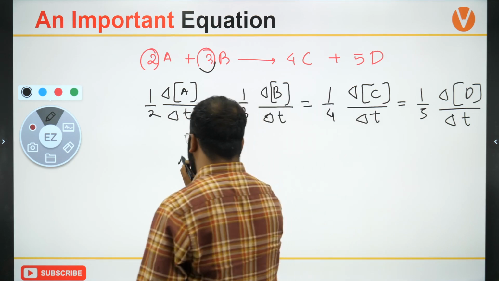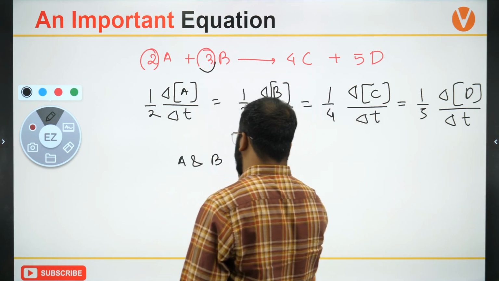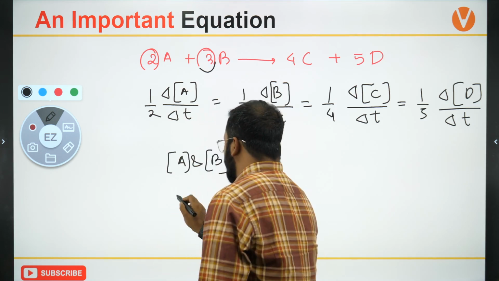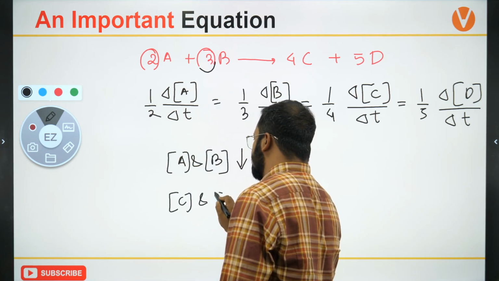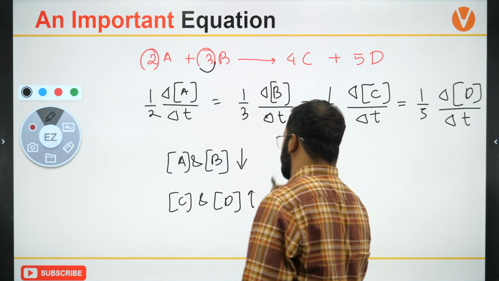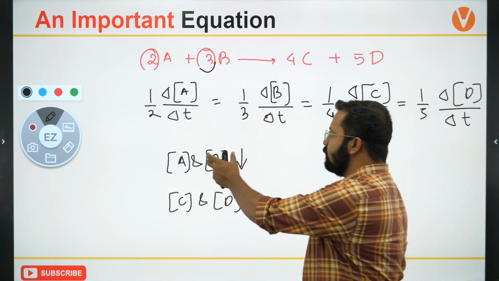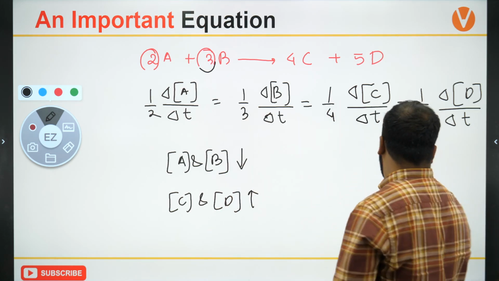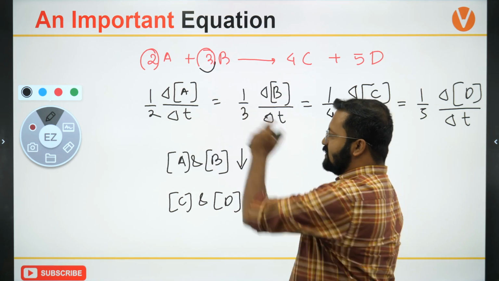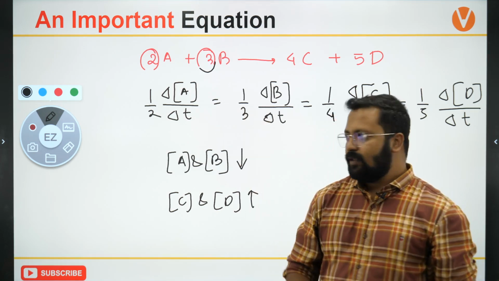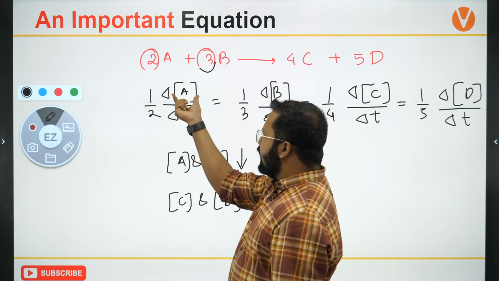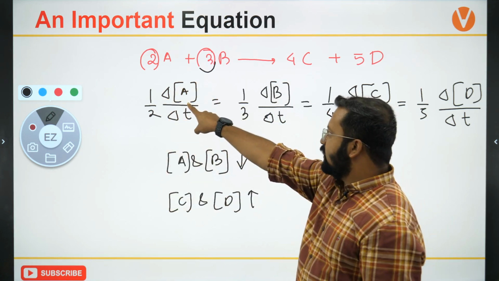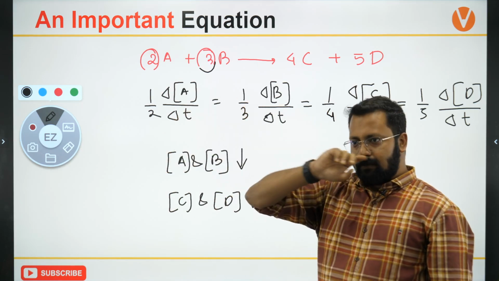So the amount of A and B will decrease, and the amount of C and D will increase. Clear? So what is delta? Final minus initial. Will I get a negative value or positive value for this change?